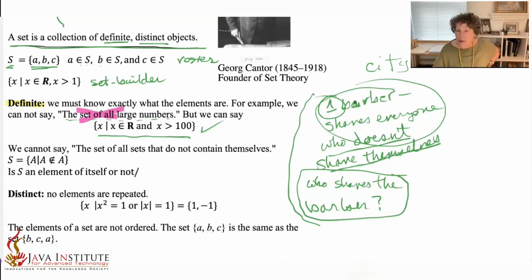There's only one barber and his wife, he won't let his wife near his beard, okay? So this is confusing. Oops, I hit the wrong button on my pen again. So it's confusing and my pen got confused. Okay, he's not going to shave himself, so he won't cut it. Well, then if he doesn't cut it, he's going to cut it. So this is what we call a paradox. And a paradox is something that doesn't make sense.